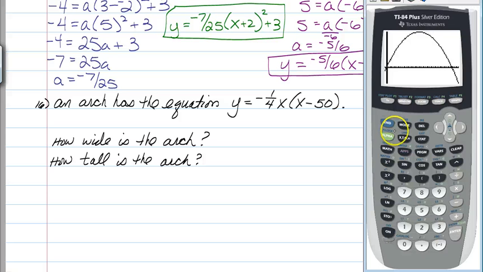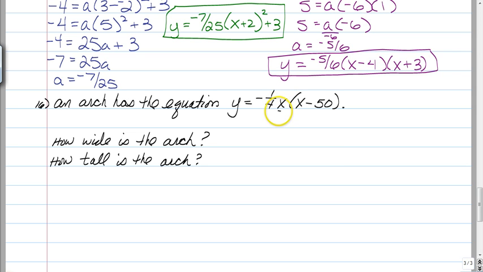So, from here, how wide is the arch? That's where we have our two x-intercepts, our start and our finish. Now again, I kind of told you a little shortcut here by doing it by hand. If we have this as x is equal to 0 and this x is equal to 50, you know if you're starting at 0 and landing at 50 that the width is 50.